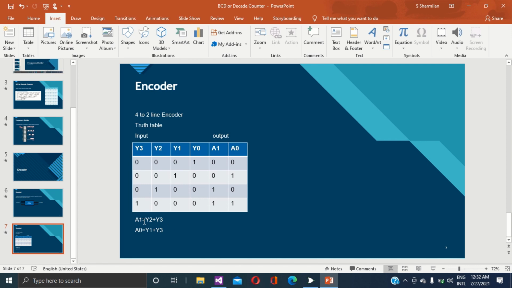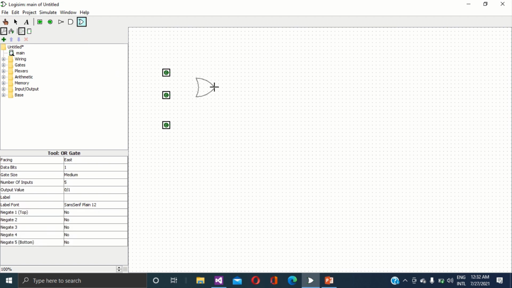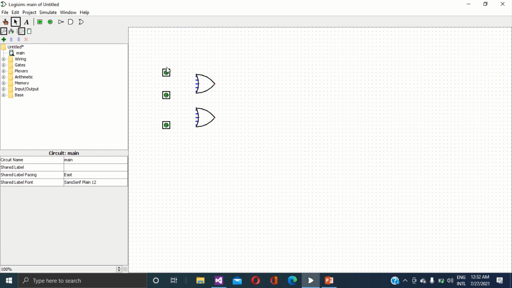And a1 equals y2 plus y3. Here I want y2 plus y3, so I use an OR gate. And also I add y3 plus y1. So here I use another OR gate.